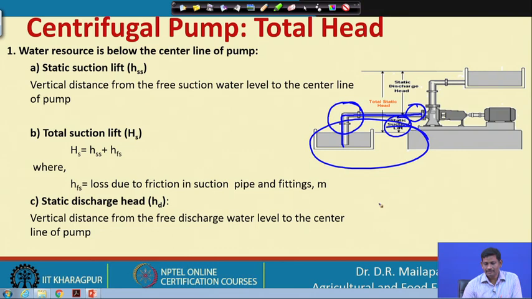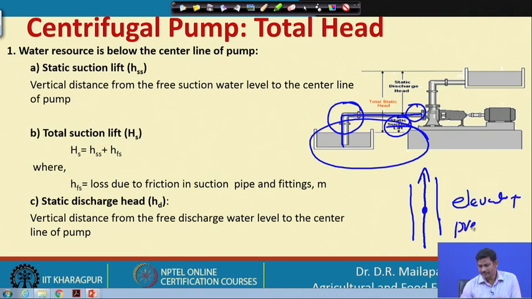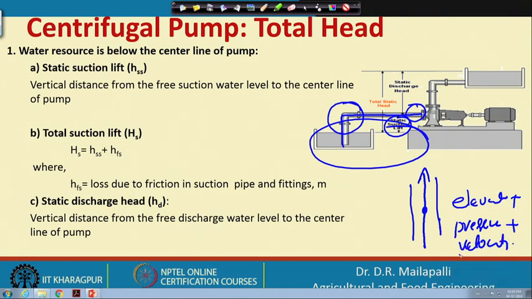Theoretically, when water moves in a pipe from one place to another, there is an elevation head, plus pressure head, plus velocity head. The elevation head is due to the pipe heights and so on.